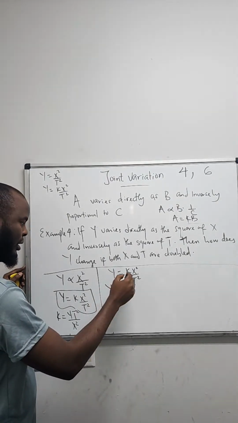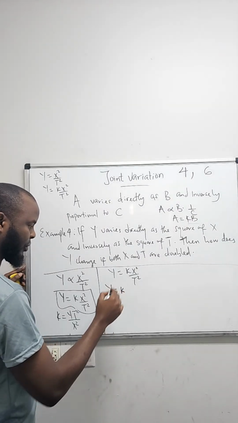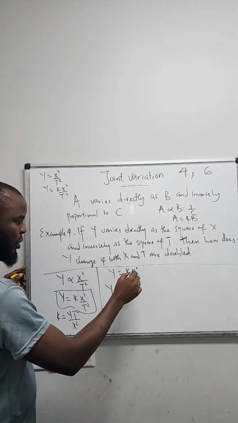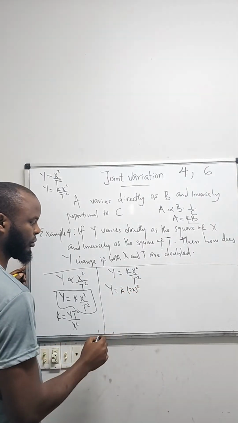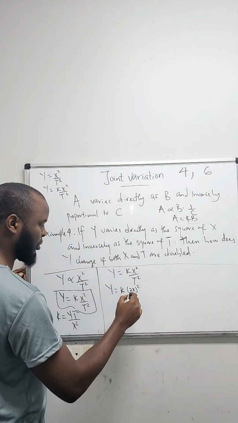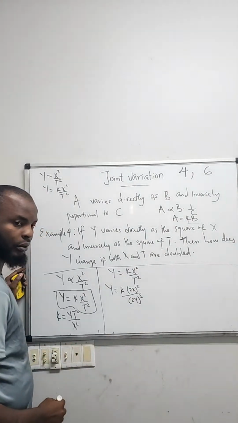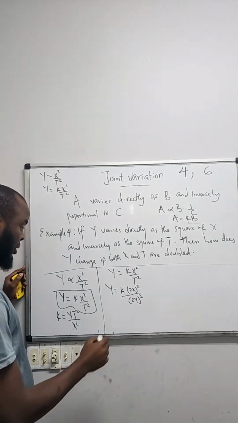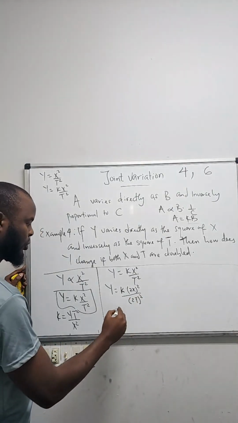Here we have k, and x becomes 2x, and t becomes 2t.